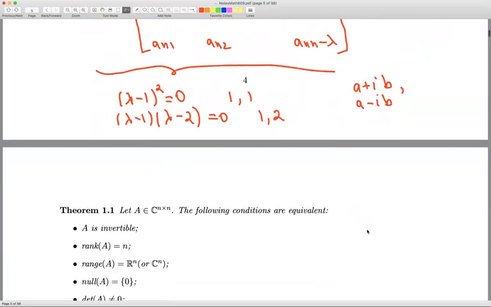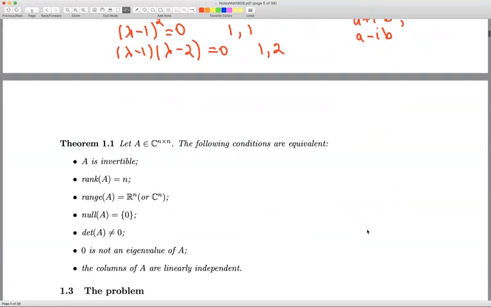Now, in our investigation, we will make use of this theorem, which more or less encapsulates all the information, notation and terminology that we discussed so far. So if we have a square matrix with complex entries, it is true also for a matrix with real entries, then the following conditions are equivalent.